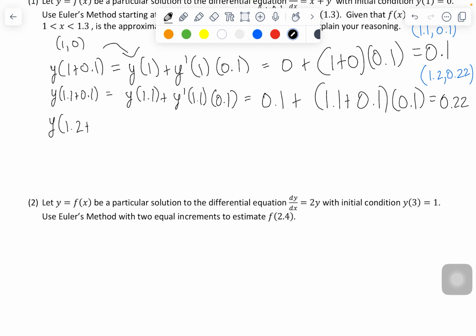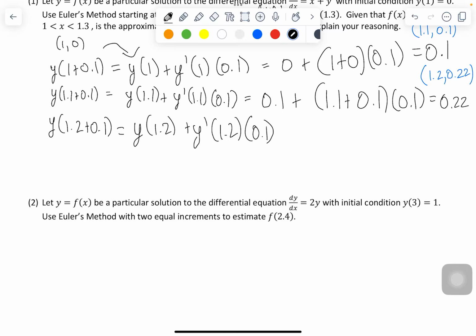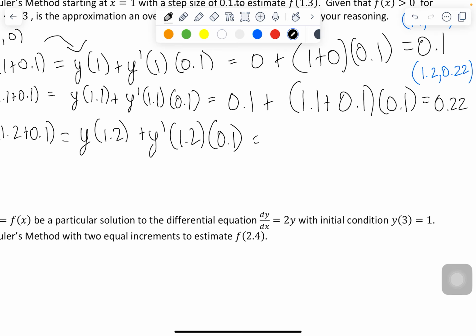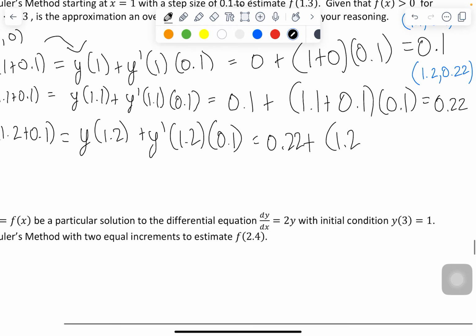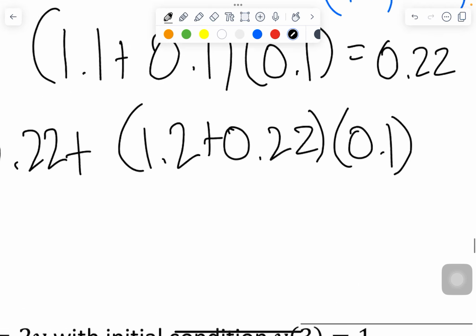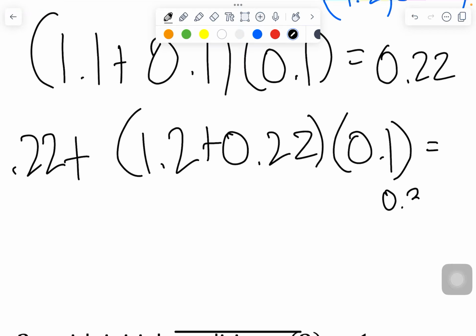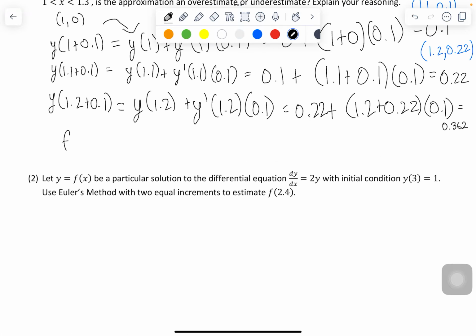So y of 1.2, this will be our last step to get to 1.3. We said this was equal to 0.22 plus (1.2 plus 0.22) times 0.1, which is equal to 0.362. So that means we can approximately say that f of 1.3 is approximately equal to 0.362.